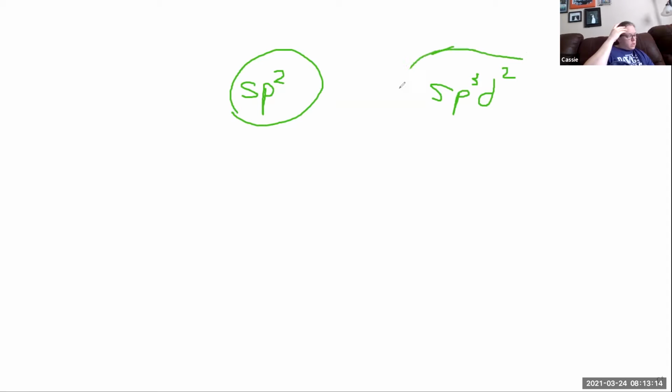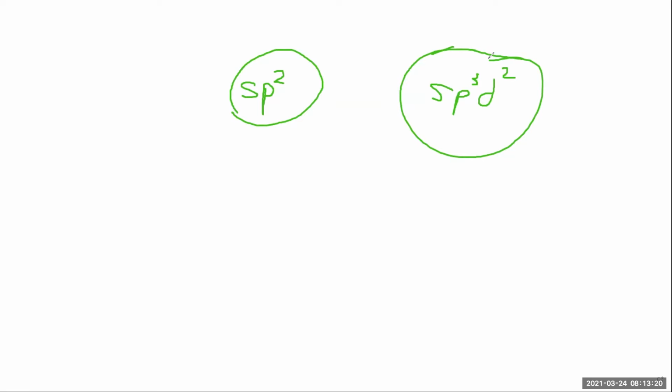Okay. So available spaces. What dictates this hybrid shell compared to this hybrid shell? Was it the bonding of electrons? It's got more attachments. The number of attachments.